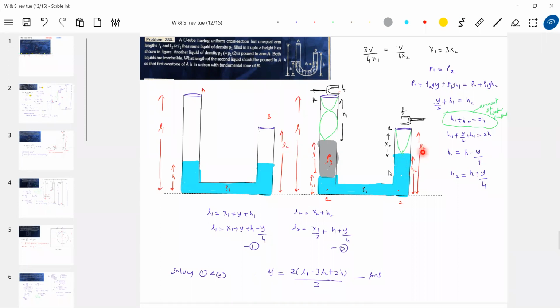What is L2? L2 is X2 plus H2. There's no problem with this. L1 equals X1 plus Y plus H1. There's no problem with this. Any relation between Y and H?